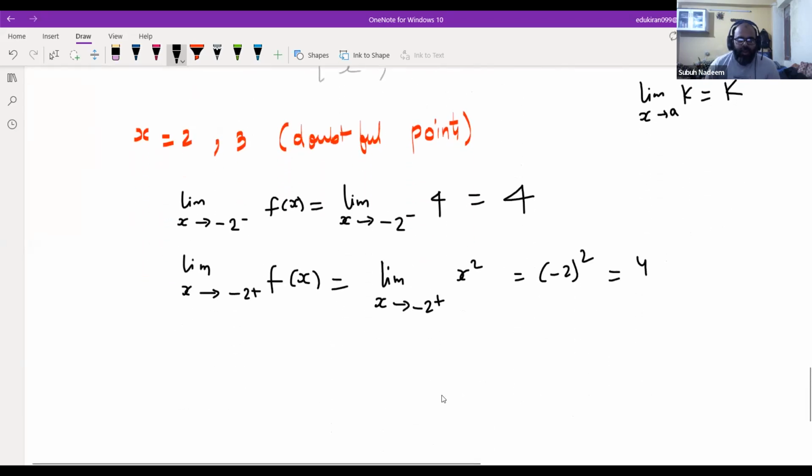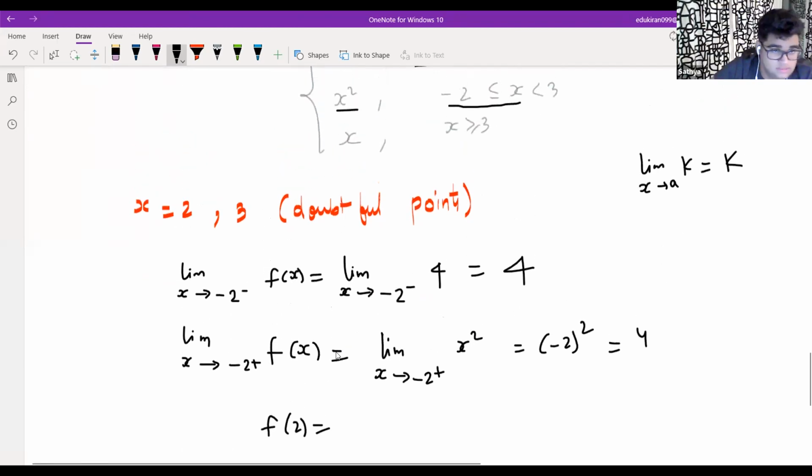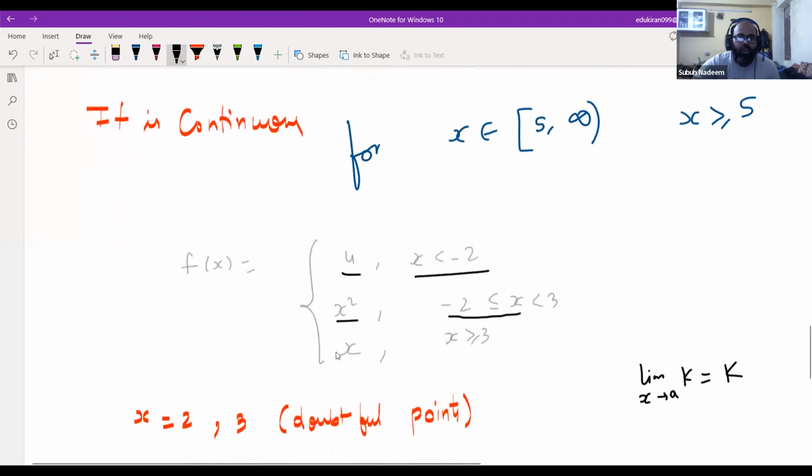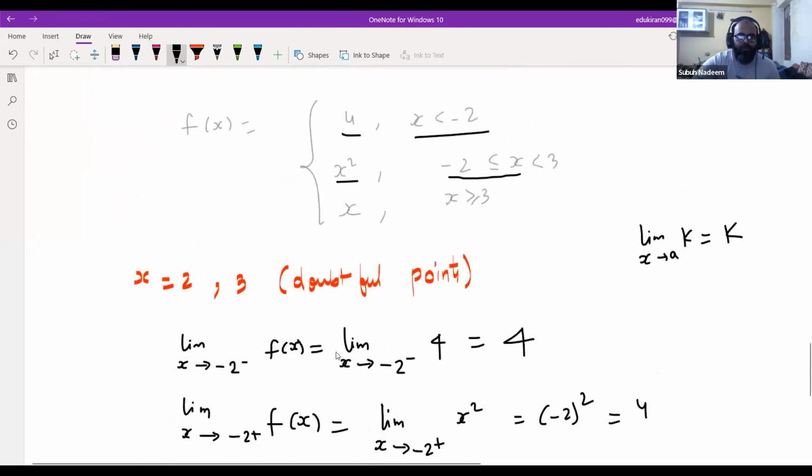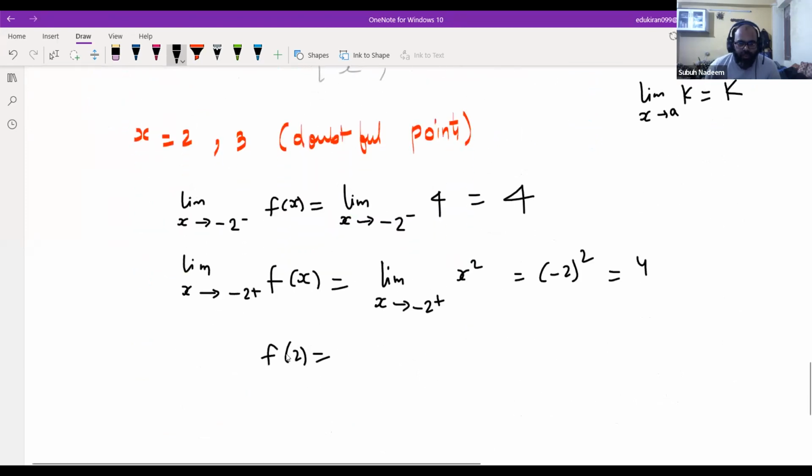And f of -2, exactly at -2, the middle one is included, so x square, that is -2 square, which is 4.